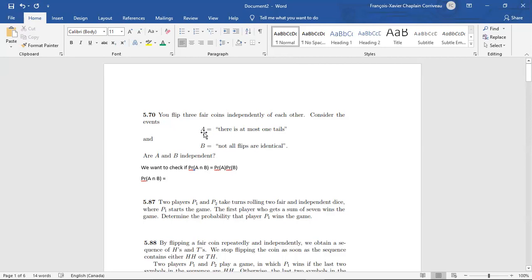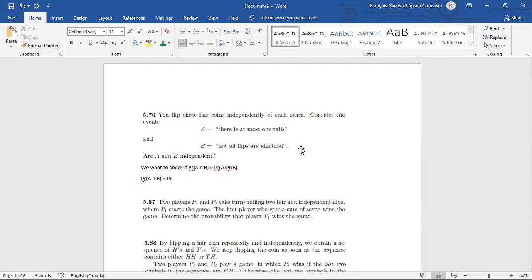So the intersection here is not quite. So at most one, yeah. So if it was exactly one head, then yeah, you would be right. Okay, so how do we do this here? There is at most one tail and not all flips are identical. Exactly, so it's what you said, right?